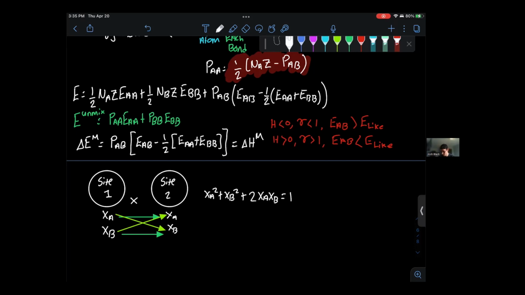So now, the number of AB bonds is going to be equal to half, because we are associating this with pairs now, half of the total number of atoms, times the coordination number, multiplied by the probability of the lattice sites being occupied by A and B at the same time, which is this.